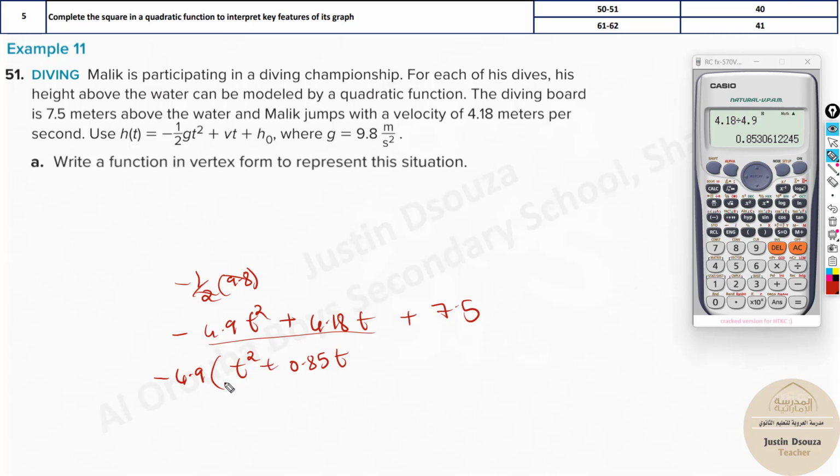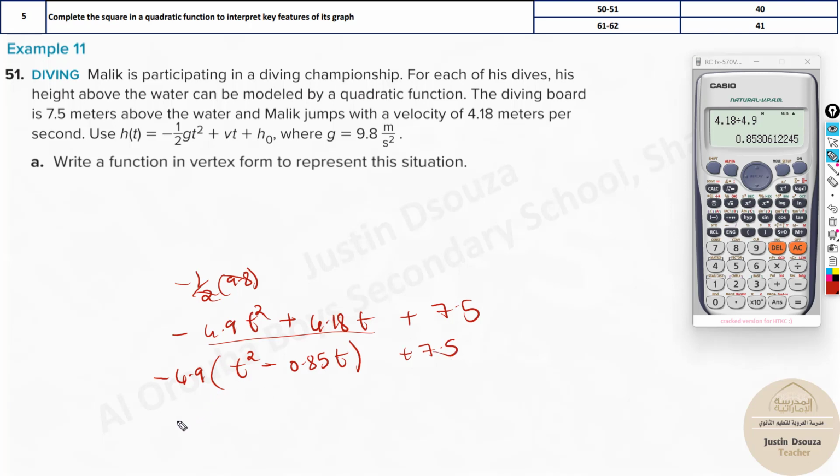So it'll be changed to minus this one. Basically, if you have to take this common out, you have to divide both sides by this term, negative 4.9. So when you divide the first term by negative 4.9, it'll be only t squared. Here, when you divide by negative 4.9, you get negative 0.85t. And then don't forget this plus 7.5.